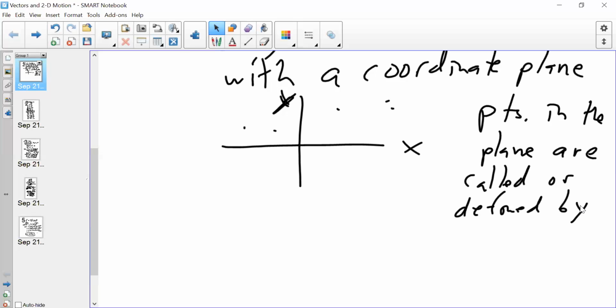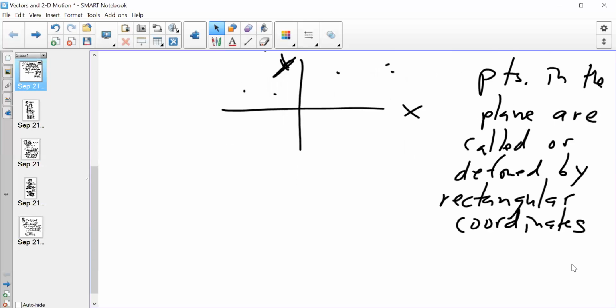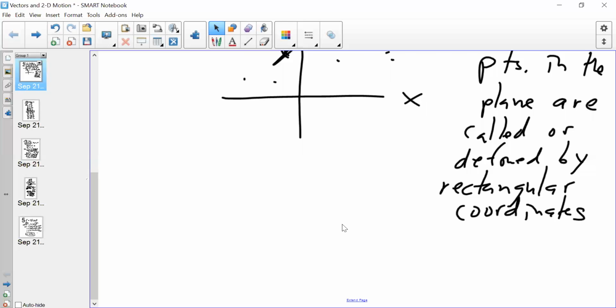Rectangular or Cartesian coordinates, after Rene Descartes. You know that from your algebra 1, your x, y.